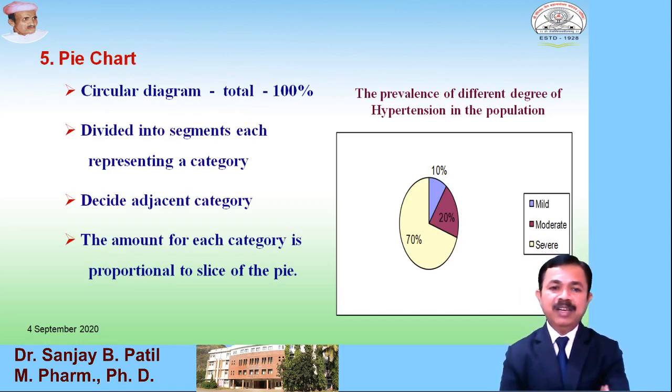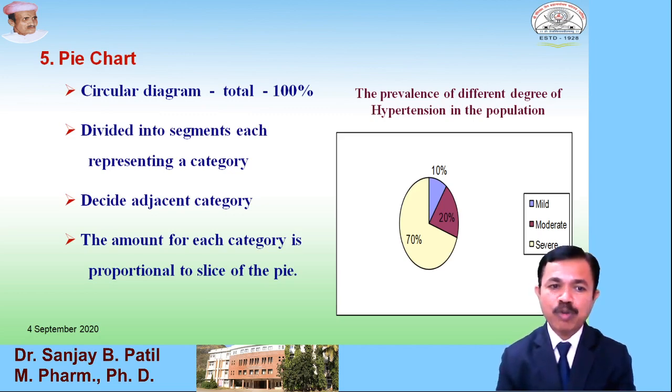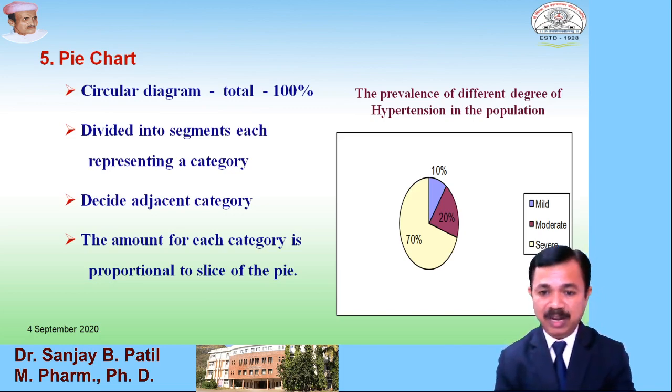Again, depending upon the nature of the data, if the data is in the form of proportions of various categories of the variables or characteristics, then such data can be presented in the form of a circular diagram, which is known as a pie chart, and each part or each category of the variable or characteristic is represented by drawing an appropriate angle of a circle.